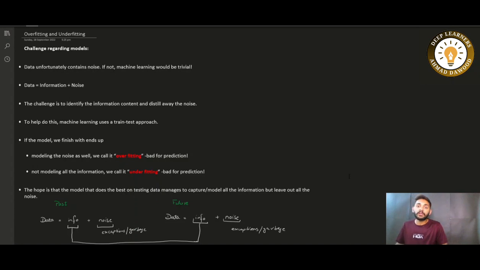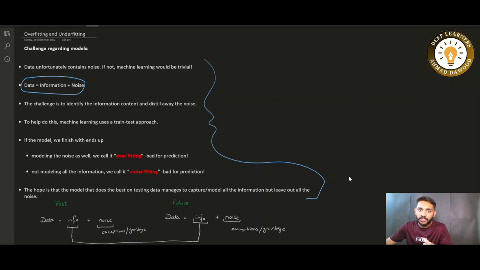If you recall, in the first session, the introduction to machine learning, we learned a little bit about the challenges regarding models, and we saw these same data points. Data is a combination of information plus some noise, and our challenge is to identify the information content but distill away the noise.